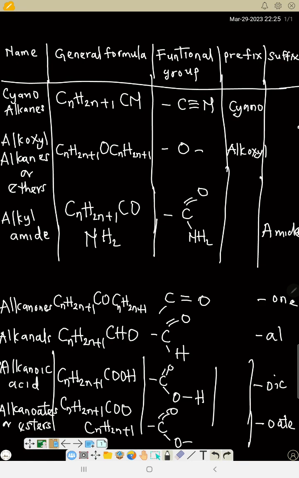So now we'll start the naming. Jot all this down so it will help us in naming. Remember, I've told you that carbon has 4 bonds because the valency of carbon is 4.